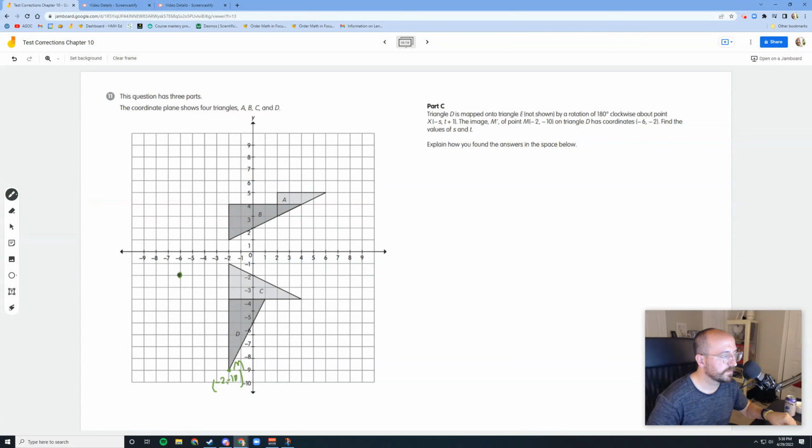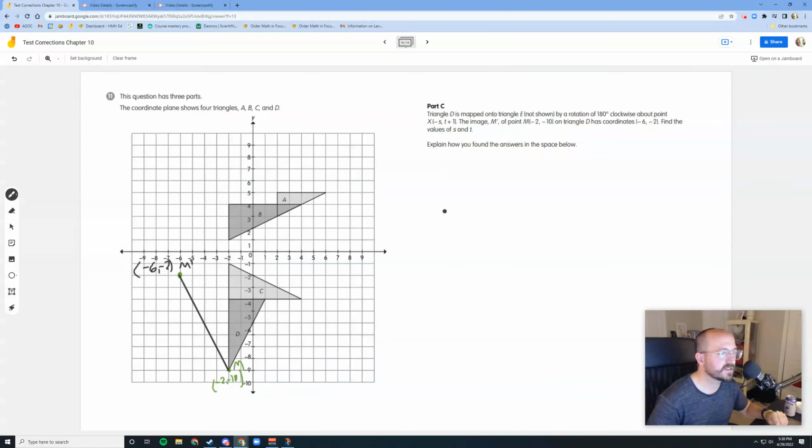So let's connect them. Okay, -6, -2 is the location of M prime. The image M prime of point M, which is -2, -10, has coordinates -6, -2.